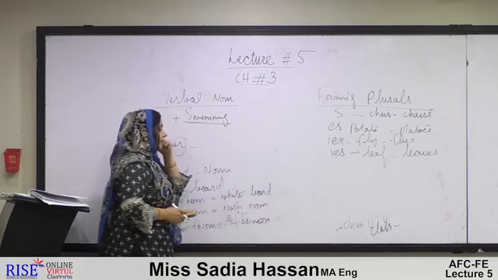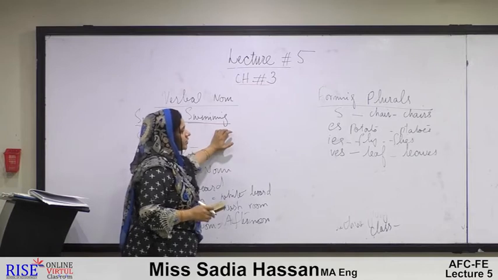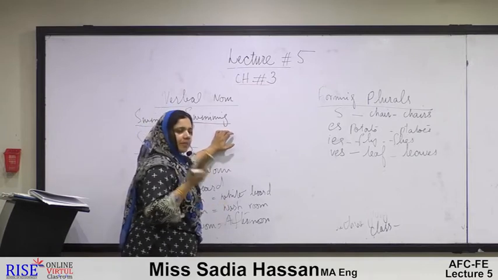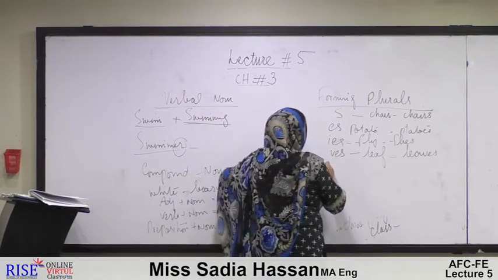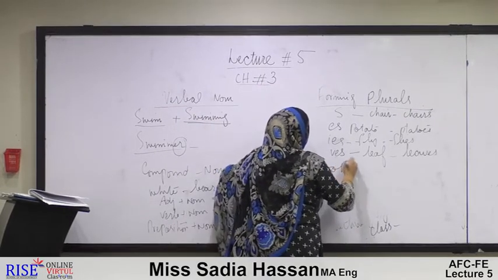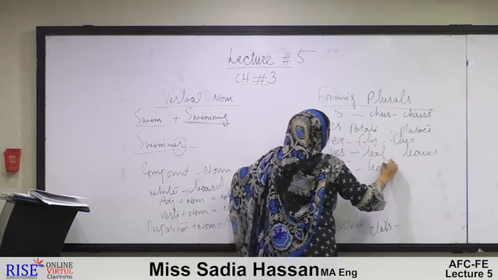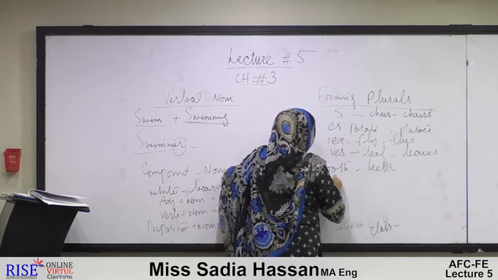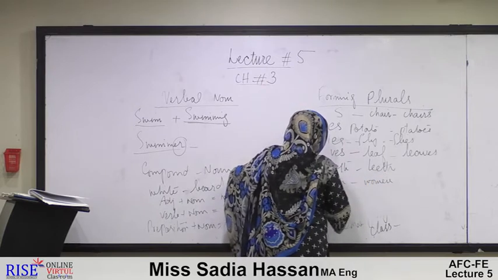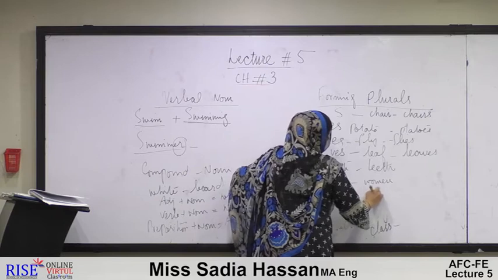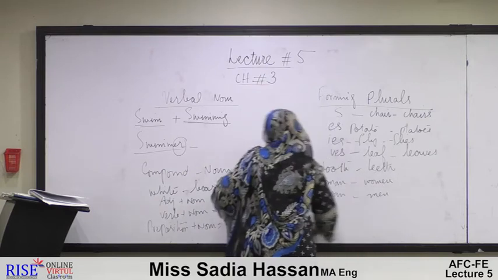These are different ways in which we can construct the plurals, and sometimes the plurals are made irregularly. For example, if tooth is there, we convert it into teeth. Woman into women. Man into men. So there are different ways to form the plurals.